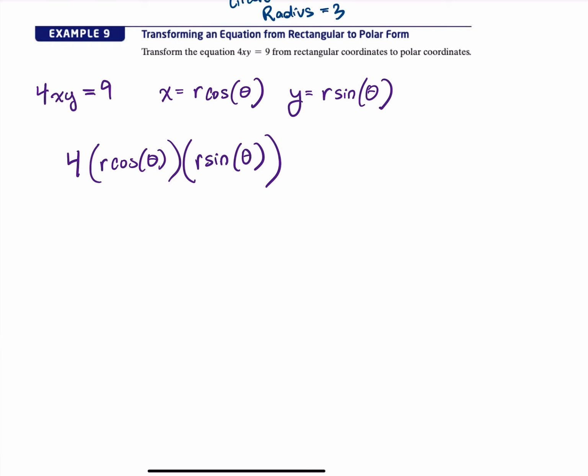So multiplying this all out, and this is still equal to 9. Multiplying this out, we will have 4 r times r, which is r squared, times cosine times sine. And this is equal to 9.